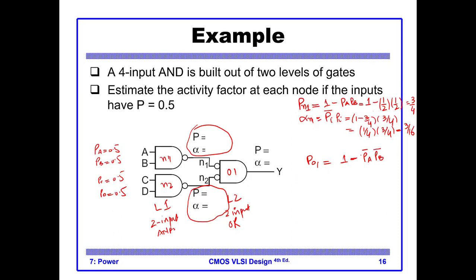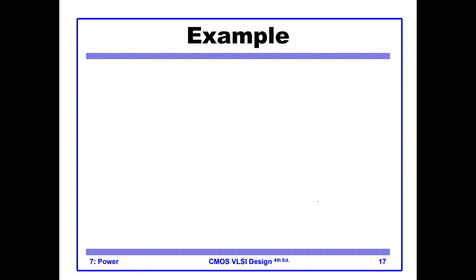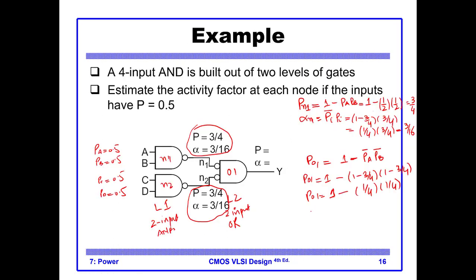So PO1 is equal to 1 minus what is Pa bar? It is 1 minus 3 by 4, and Pb bar is 1 minus 3 by 4. PO1 is equal to 1 minus 1 by 4 into 1 by 4, which is 1 minus 1 by 16, equal to 15 by 16.